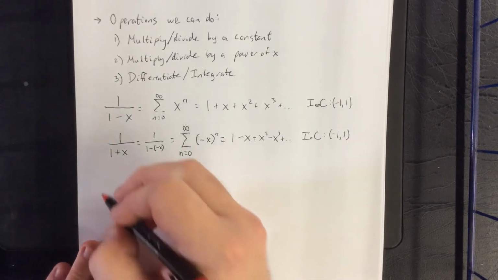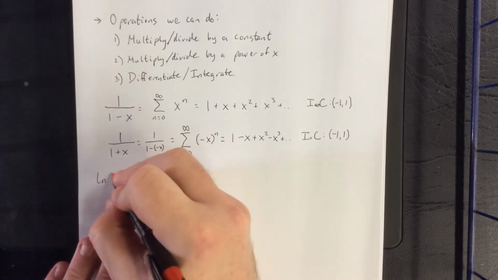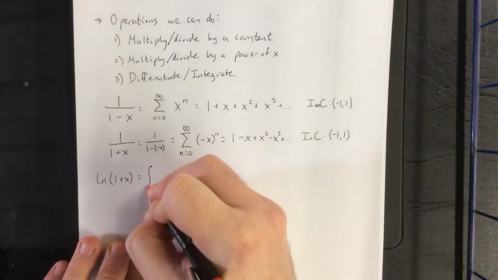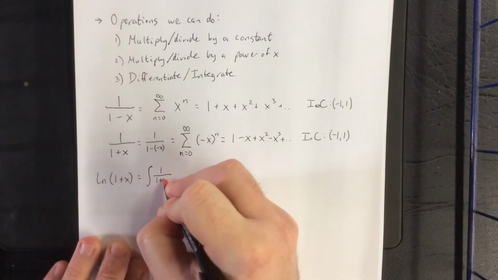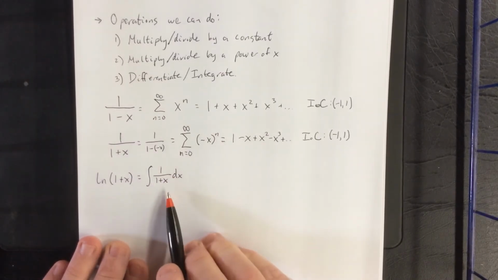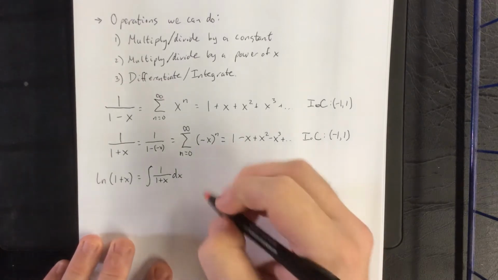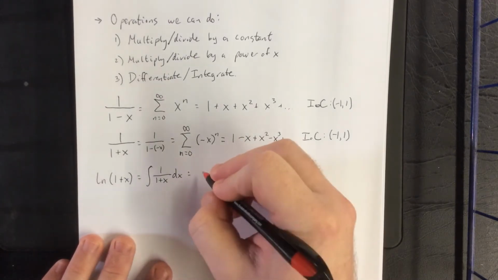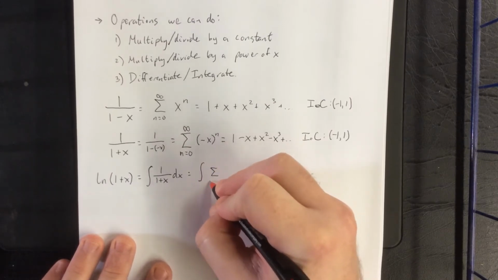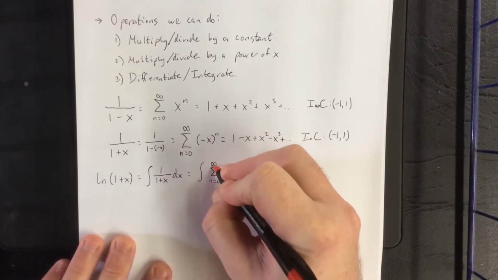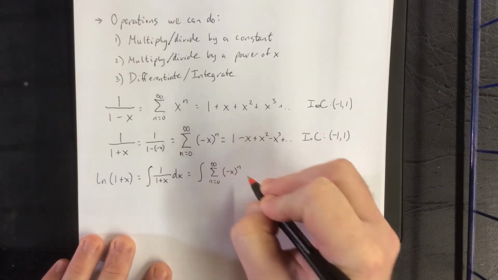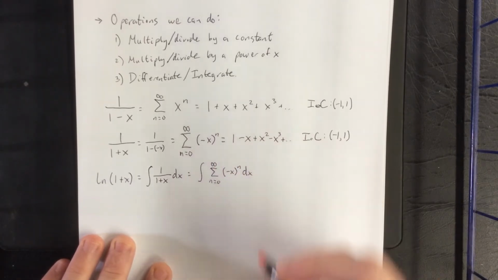Now, what I'm going to do is come up with the power series representation of the natural log of 1 plus x by taking what we just got and integrating it. The integral of 1 over something like 1 plus x would become the natural log of that, which means that we need to integrate our power series representation: the integral of the sum from n equals 0 to infinity of (-x) raised to the nth power dx.